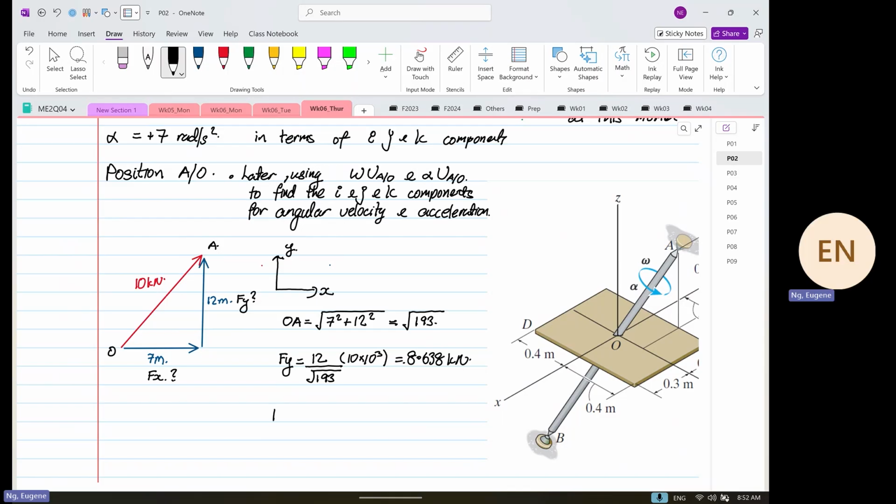And then we can determine our Fx, which is 7 over square root 193 multiplied by 10 times 10 to the power 3. So this will be equal to 5.039.